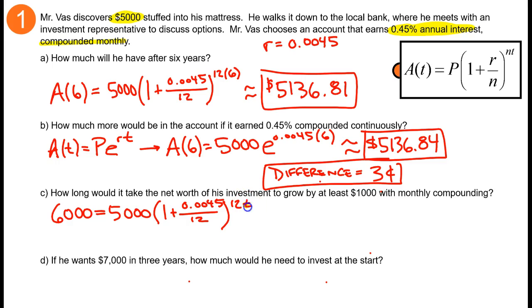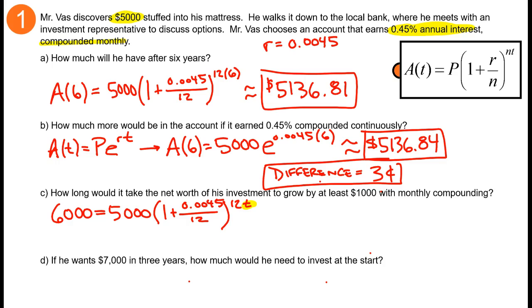And t is what we're trying to find here. We've done enough problems like this over the last week or so that I hope you remember, if your variable is in the exponent, you're going to need a logarithm. So we're going to need to do some rearranging here and eventually take a log of both sides so that we can get t all by itself.